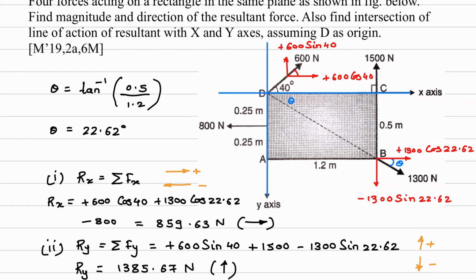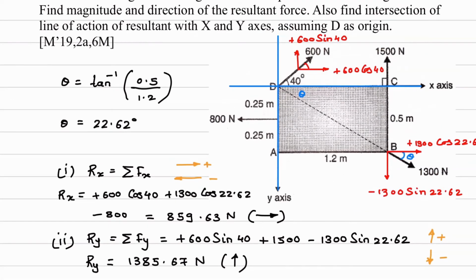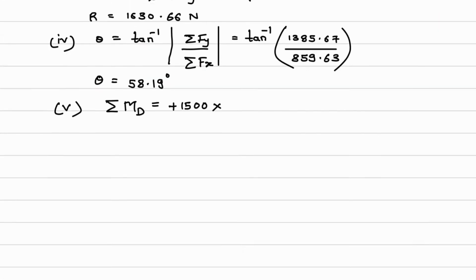Next, if you consider 1500 Newton force, keep your thumb at point D, keep your index finger at point C, rotate the force in the direction of arrow. It is creating which moment? Anti-clockwise. So anti-clockwise means positive. So positive plus 1500 multiplied by, what is the distance? Distance is 1.2.